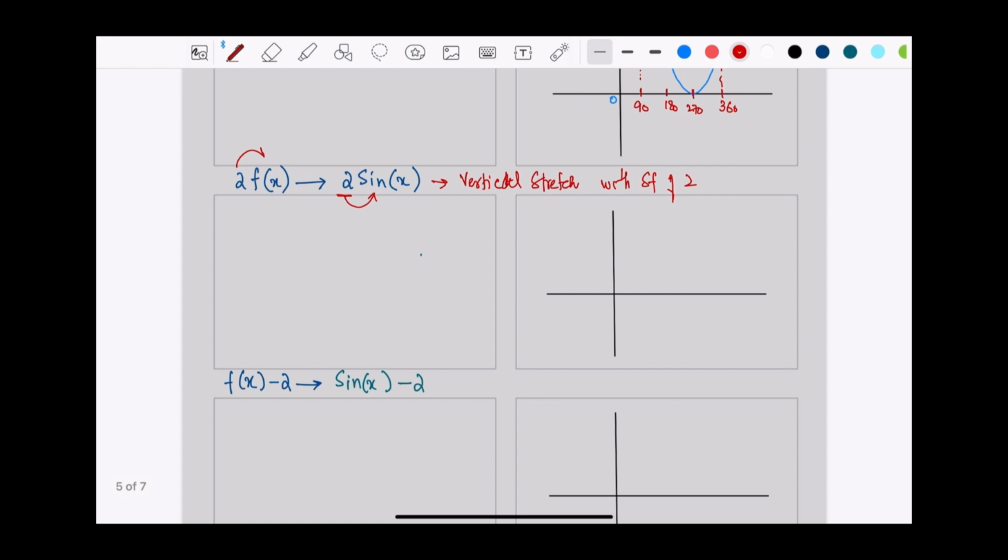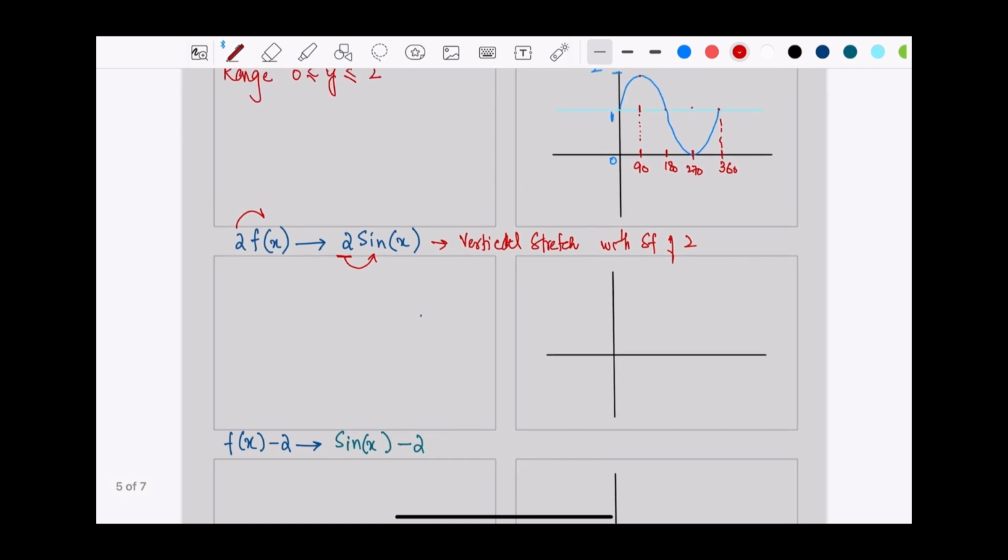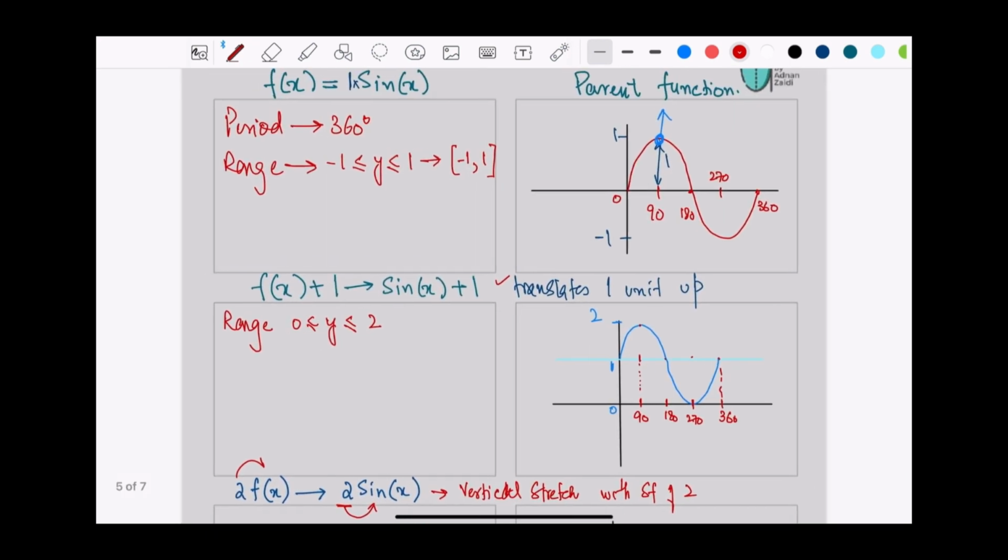So every y coordinate is multiplied by 2 to stretch the curve both ways. So as a result, the original amplitude of this parent function, which was 1, now increases to 2.